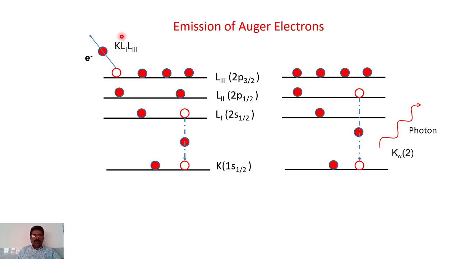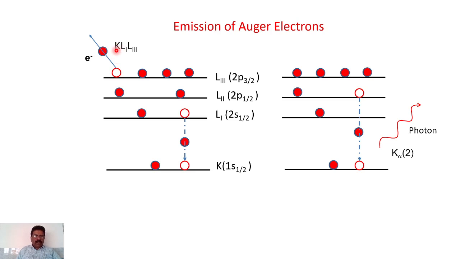The Auger electron can be named by certain notations. In the spectroscopic terms, it is represented in this manner. Let us try to understand what is the name given and why it is written in this fashion. Whatever the initial transition that has taken place, that is between these two levels. Initially the original vacancy was created in the K shell, and it was occupied by the electron from the L first level of the L shell.